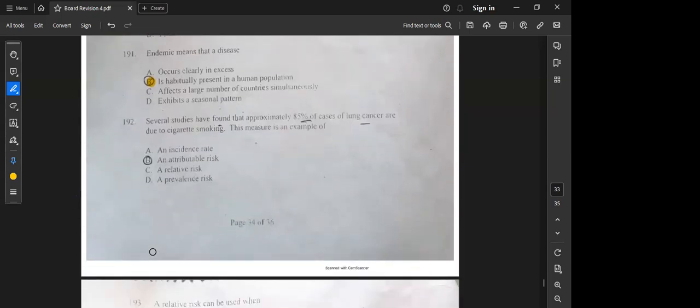Answers for 192. We can also see what the others mean.